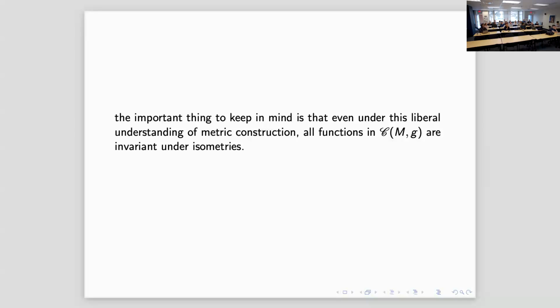So what do I mean by that? You give me a spacetime and another spacetime which it's isometric to, and then you take the corresponding functions, which are constructed from the metric in this liberal way, and then you pull back one to the other, they're going to match. That's all I mean by that. So there's an invariance in that sense.